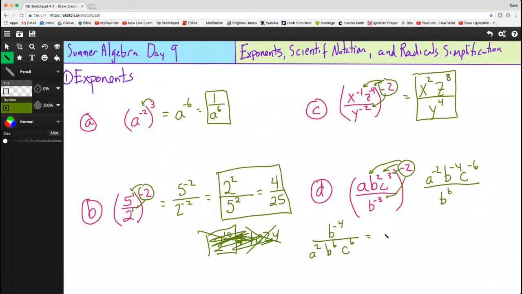So we'll leave our 1 on top, and then we'll get a squared, and our b to the negative 4, when we move it down, becomes a positive b to the 4th, b to the 6th, c to the 6th. Now, we can't end here because we have two b's on the bottom, but we can combine them by just adding our exponents. So we end up with 1 over a squared b to the 10th c to the 6th.